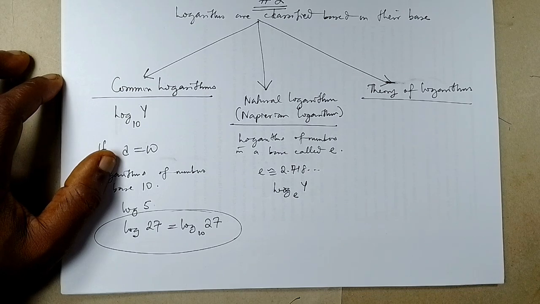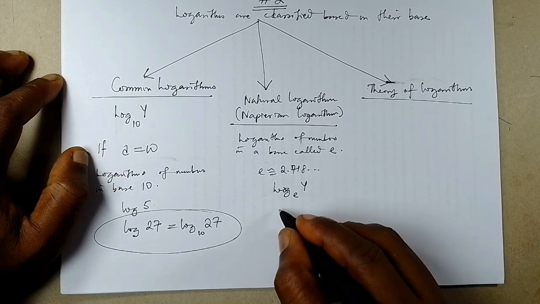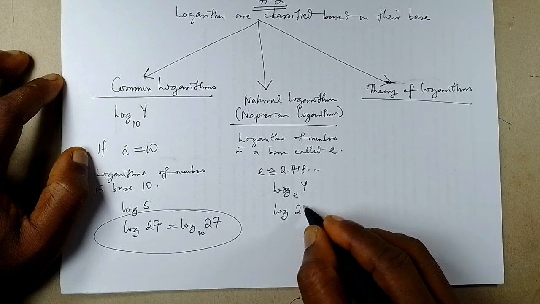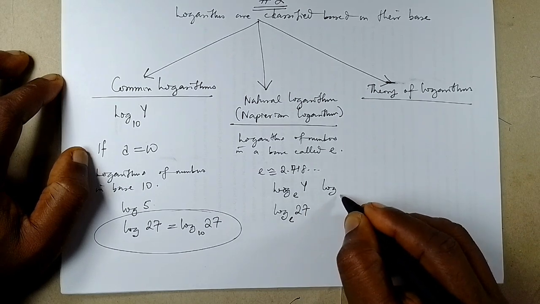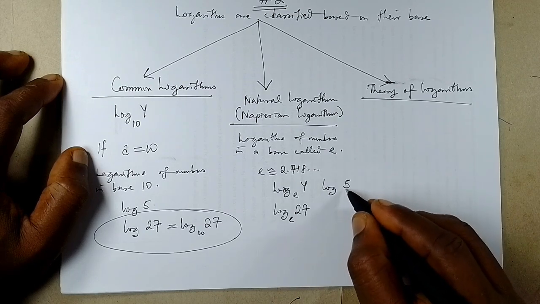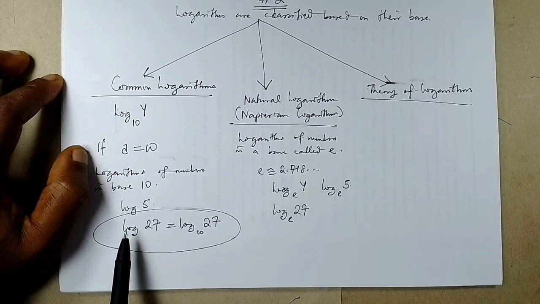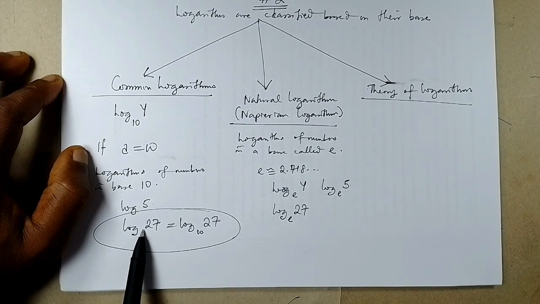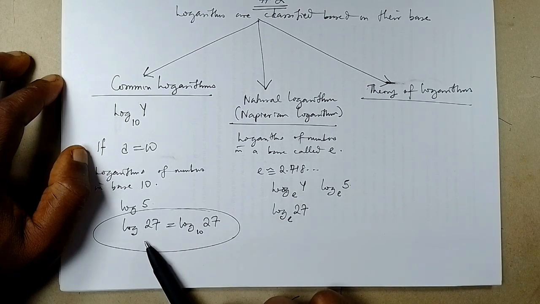Okay, it will be called the natural logarithm of y, or the Neperian logarithm of y. Now, that means that I could have log to base e of 27, and log to base e of 5. Now, please take note, just the same way I told you earlier on that when dealing with logarithms in base 10, you don't need to write the base 10.